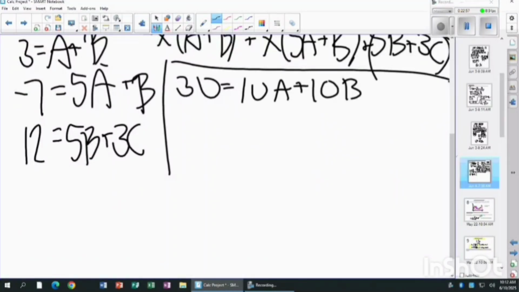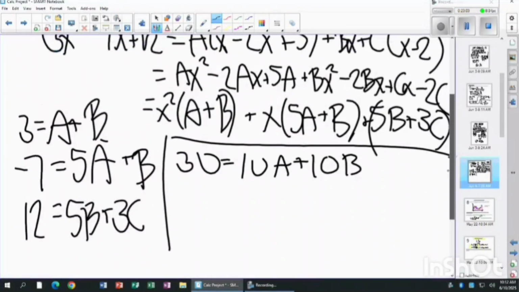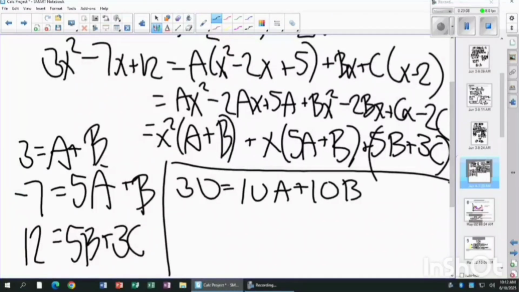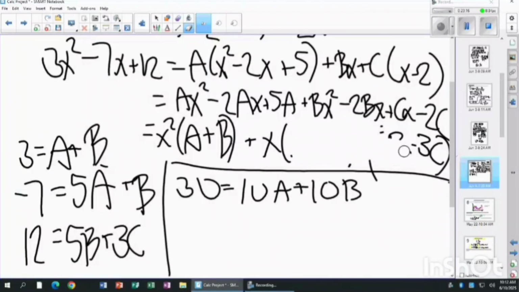And then multiply negative 7. I think I made a mistake. I did make a mistake. Okay. This is all wrong. I was looking at the wrong terms.